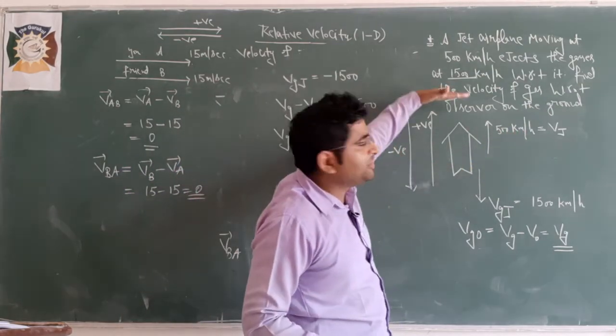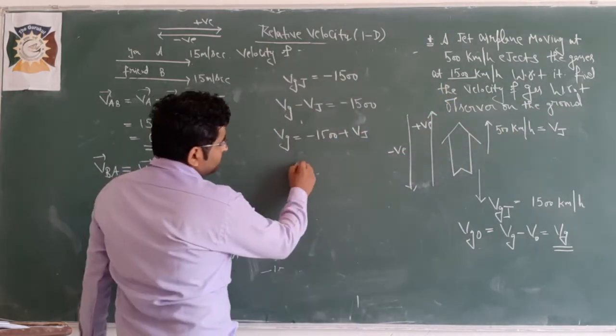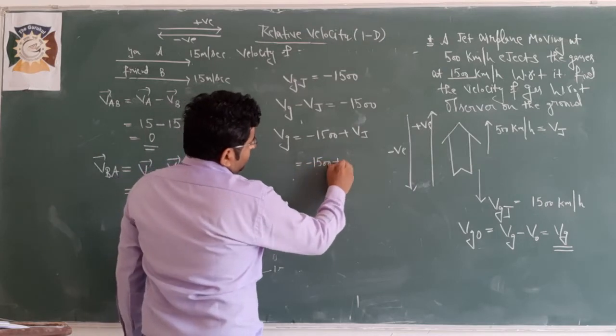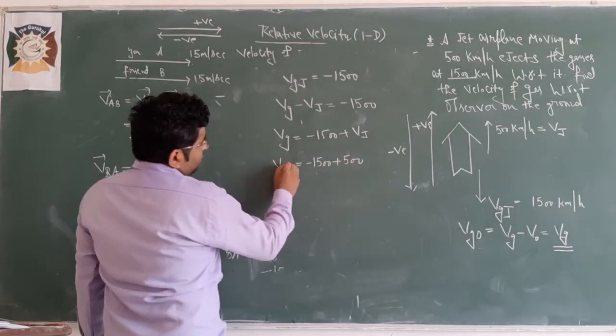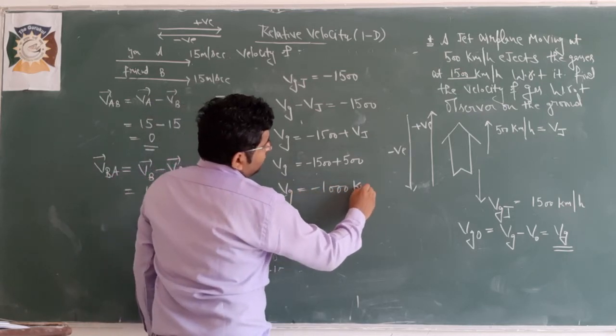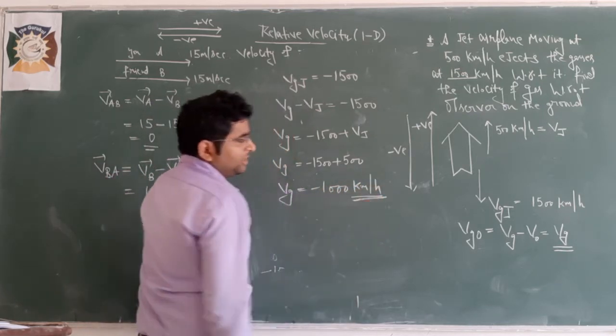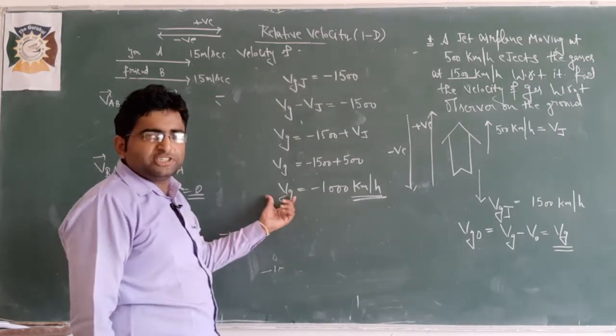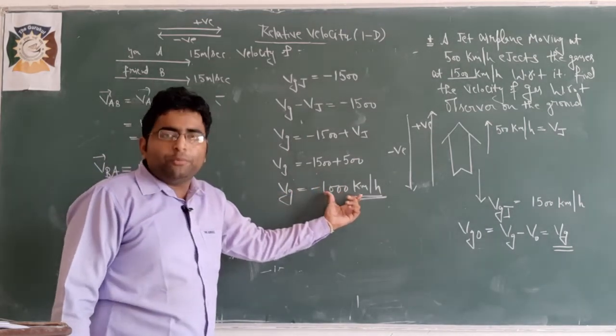It is in positive direction. So Vg is equal to minus 1000 km per hour. It means the magnitude of velocity is 1000 km per hour.